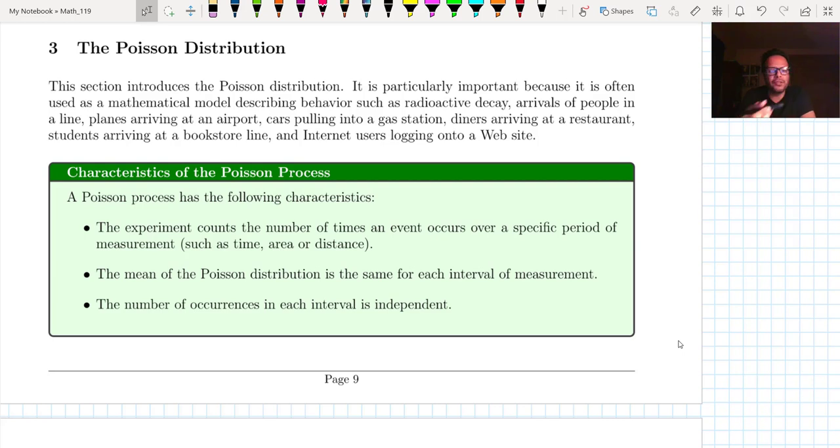So in other words, we're talking about the average number of people or airplanes, etc., depending on the situation. So what are the characteristics of the Poisson distribution?